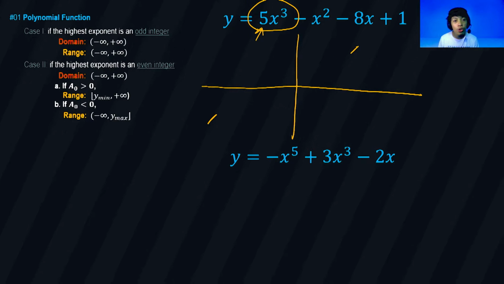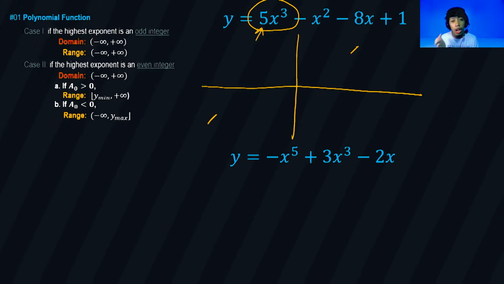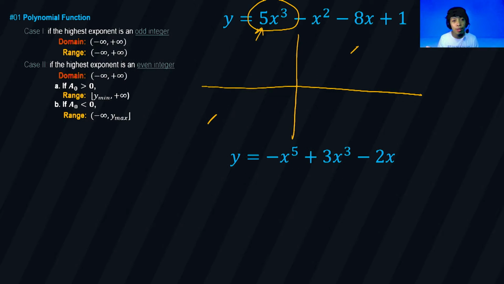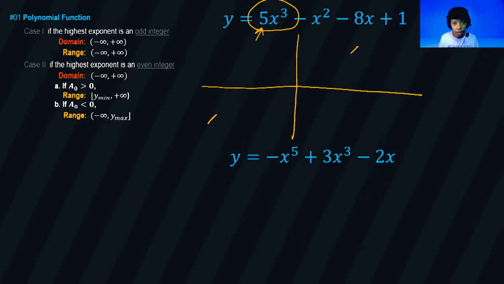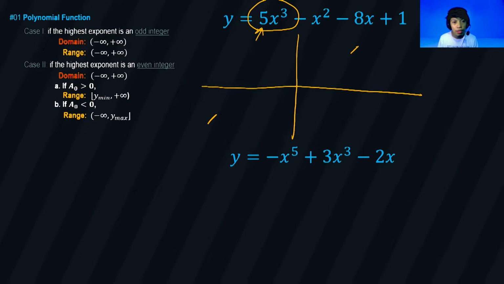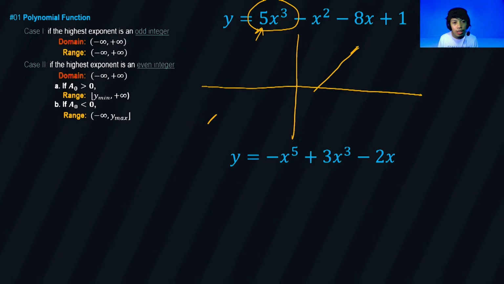Basta, nag-crossing siya because positive, odd ang highest exponent ng x, di ba? 3. So kung odd nga, nagko-cross ito. Let me have another example later wherein the highest exponent is even. So the behavior of this graph would look like this.